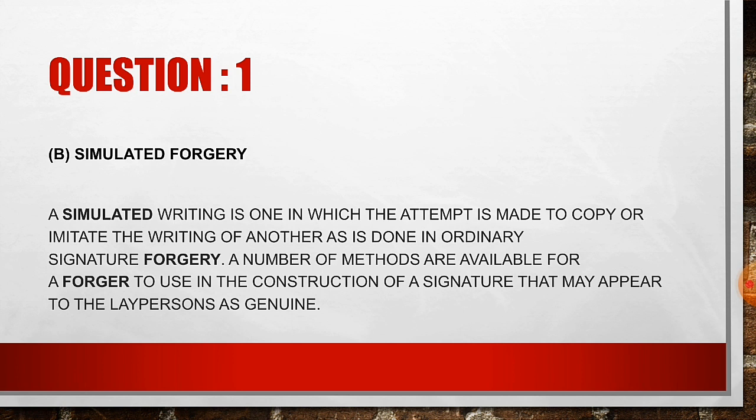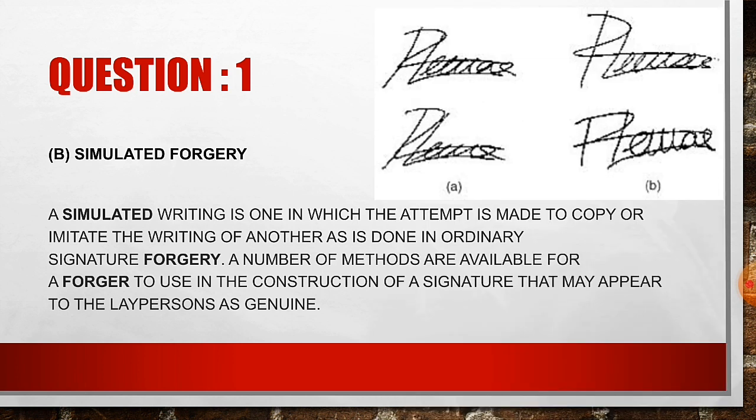A number of methods are available for a forger to use in the construction of a signature that may appear genuine to the layperson. Here in the figure you can see A is the genuine one and B is a simulated forgery. Here, the forger tried to make a copy of the similar writing.